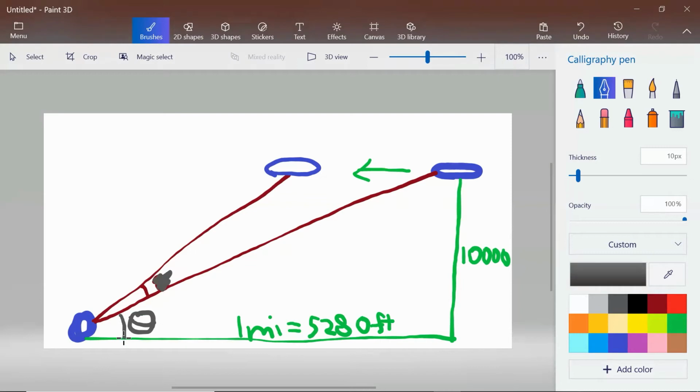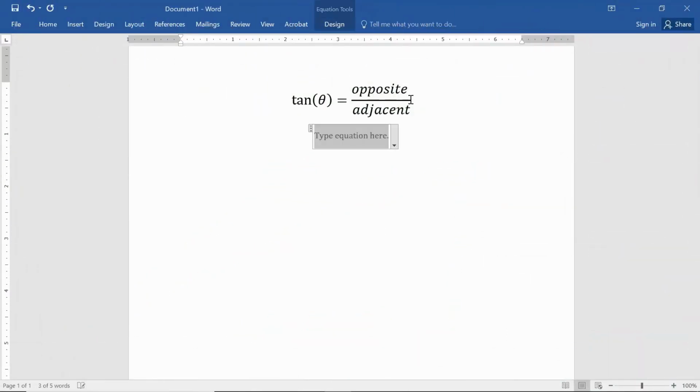And remember that the tangent of an angle is the opposite side divided by the adjacent side. In SOHCAHTOA, TOA, tangent is equal to opposite over adjacent. So tangent of theta equals opposite over adjacent.